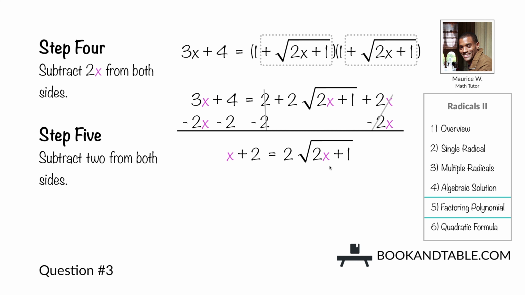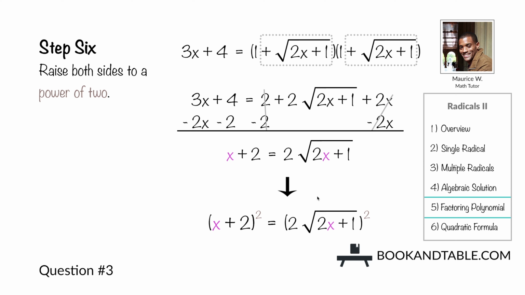So step 6, raise both sides to a power of 2 so that we can remove this radical. When we do, we have x plus 2 squared, and on the right side, we have 2 radical 2x plus 1 squared. 2 squared is 4.